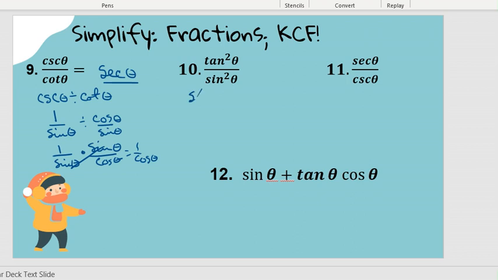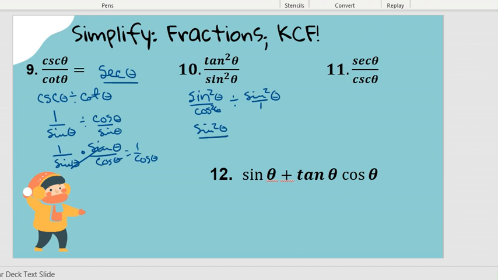All right, so tangent. Now you could go ahead and say tangent is sine over cosine, and they're squared, divided by sine squared theta over 1, right? Because that's all it is. And then I'm going to keep, change, flip. Sine, whoops, these were supposed to be squared.